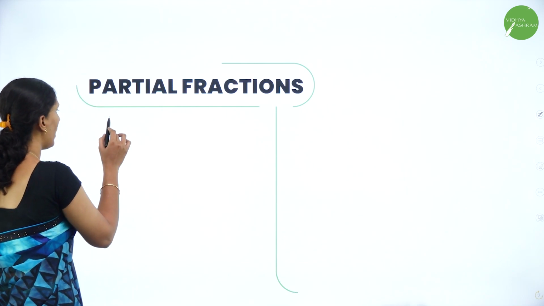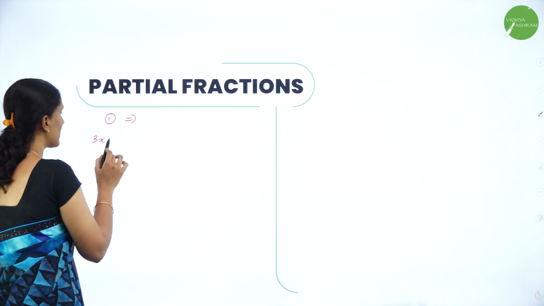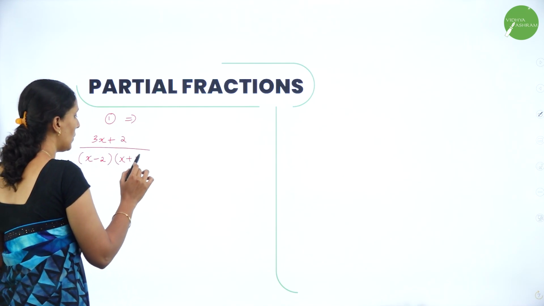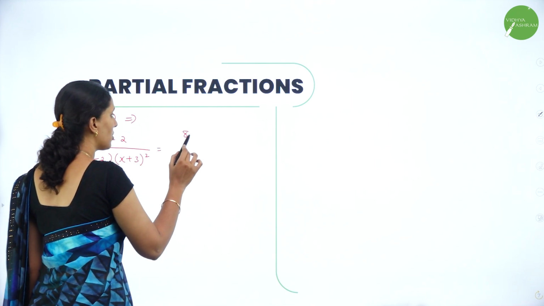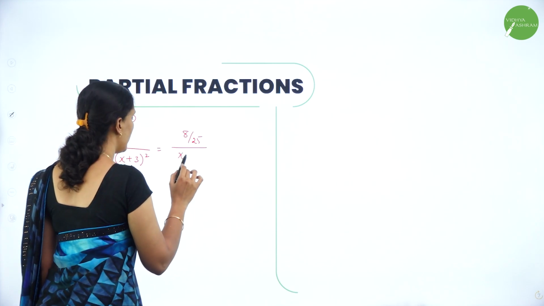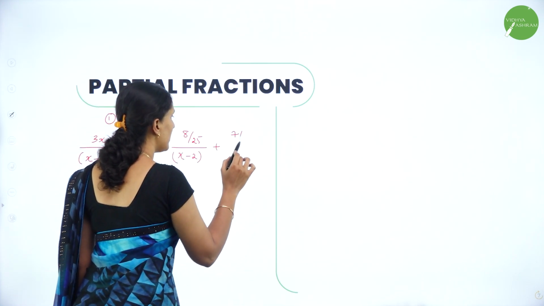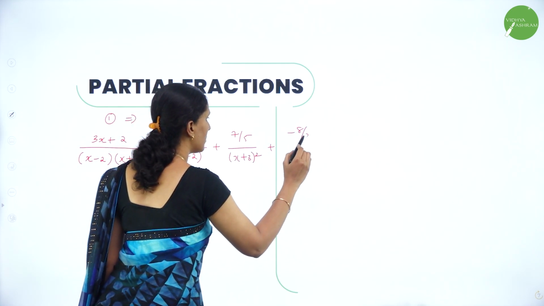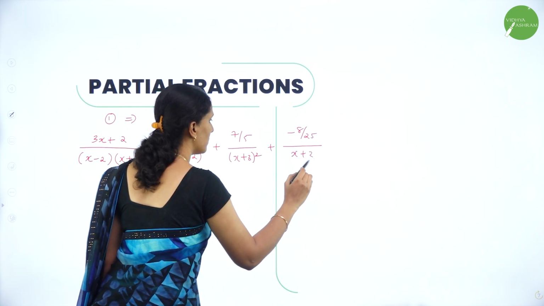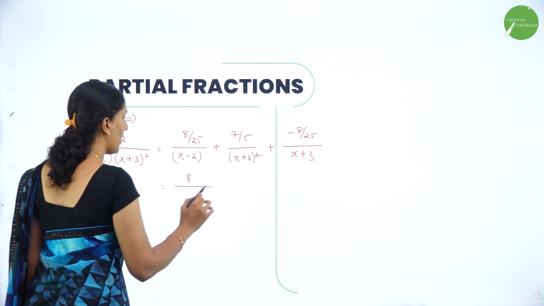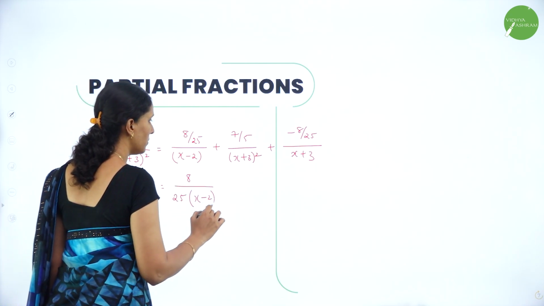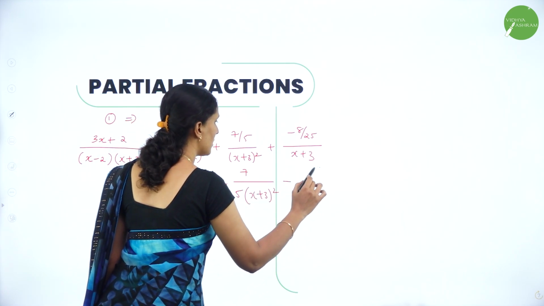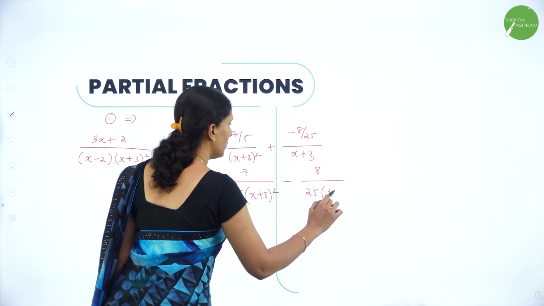Equation 1 implies 3x plus 2 divided by (x minus 2)(x plus 3) whole square is equal to 8 by 25 into (x minus 2) plus 7 by 5 into (x plus 3) whole square plus minus 8 by 25 into (x plus 3). Or you can write this as 8 by 25 (x minus 2) plus 7 by 5 (x plus 3) whole square minus 8 by 25 into (x plus 3).